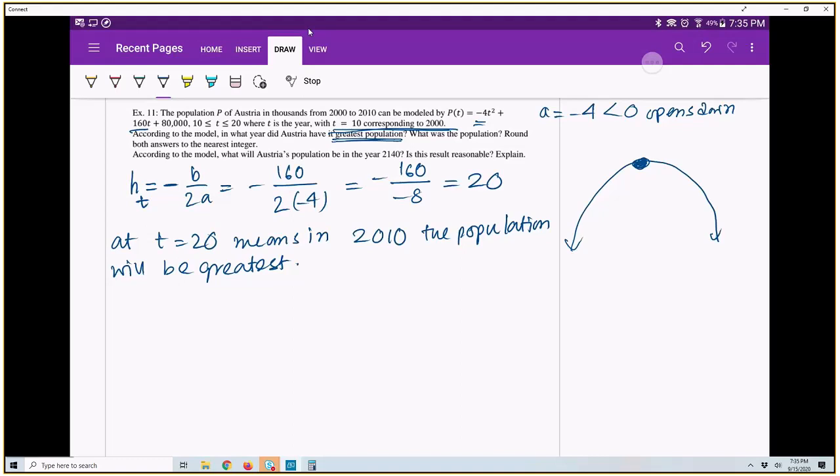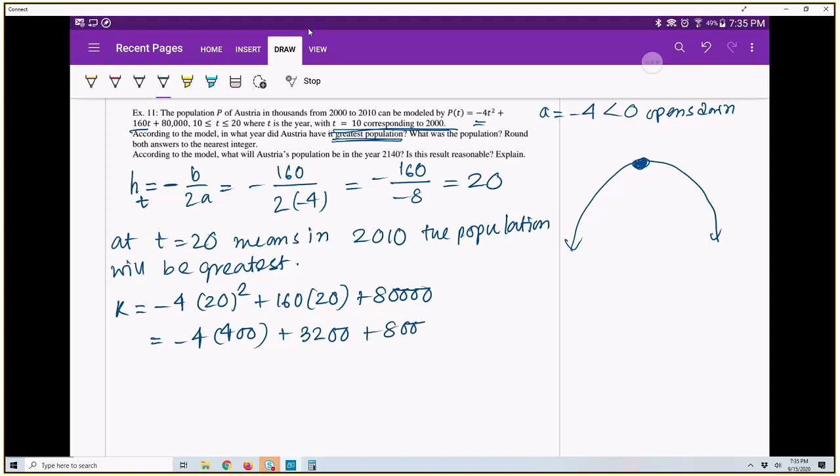But what will be the greatest population? Well, all I need to do is find k. So I will go back to the parabola and use t equal to 20 in that. So negative 4 times 20 squared plus 160 times 20 plus 80,000, which is going to be negative 4 times 400, 20 squared is 400, plus 160 times 20 is 3200 plus 80,000.